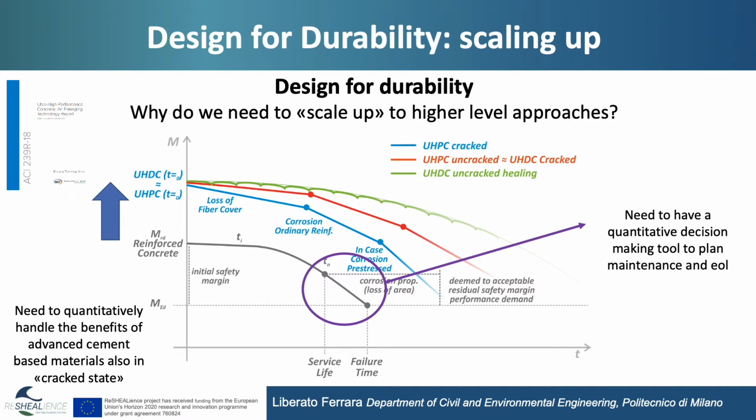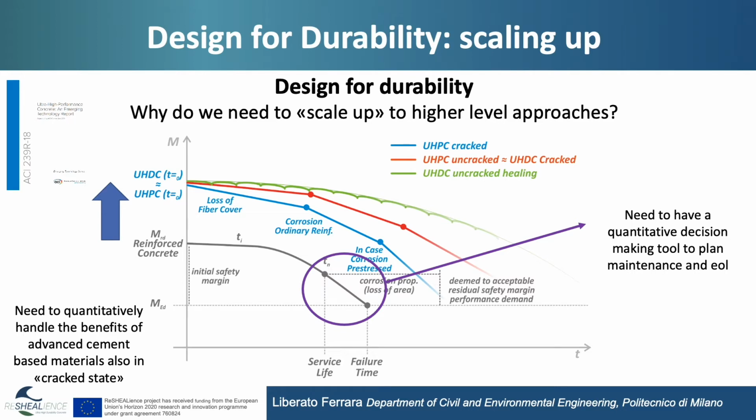Obviously, in that initial safety margin, it's implicit, as we said, if we comply with the durability performance requirements, it's implicit the fact that this performance will decay over time, as the gray curve in this slide indicates, up to a certain point when it will reach a level which the stakeholders do not consider any longer acceptable, and this is the limit that we identify at the service life of the structure.